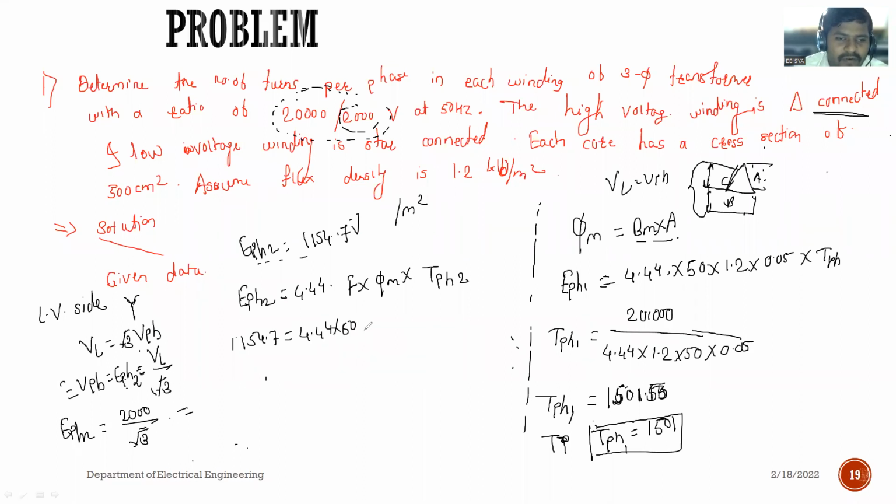Frequency you people know, into phi m. Instead of writing phi m, we are writing bm into a. So bm is equals to 1.2, a is equals to 0.05 into turns, that is TPH2. According to this, you people calculate the value of TPH2.